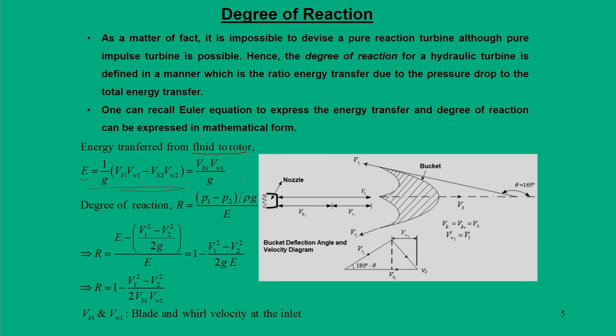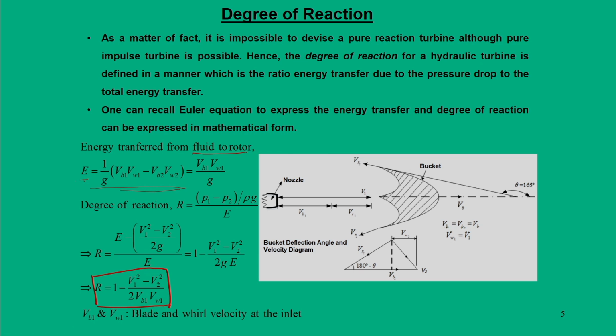But for the degree of reaction, the component of energy due to pressure drop is nothing but (P_1 minus P_2) by rho g, and by Bernoulli's equation, this can be rewritten as E minus whole bracket (V_1 square minus V_2 square) by 2g. So, these equations can be simplified to find the expression for degree of reaction, which is in terms of absolute velocities V_1, V_2, V_B1 and V_W1.